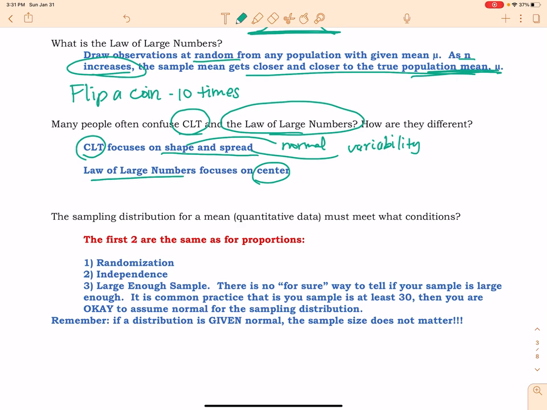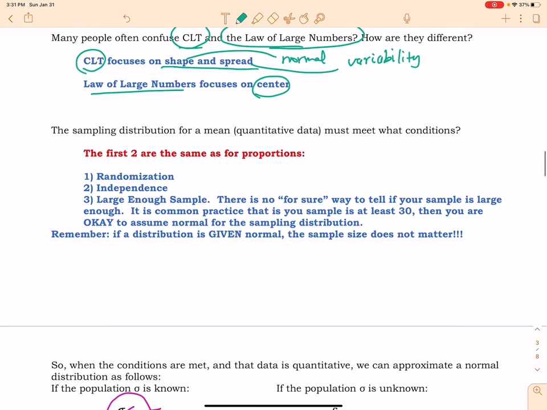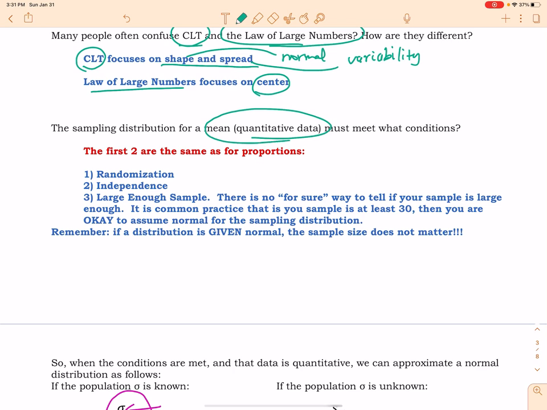Okay, so what we use the central limit theorem for in quantitative data is to tell me that my sample size is large enough, because CLT focuses on this idea that if my sample size is large enough, I'll take on a normal shape and my distribution will become less variable. So that last condition that we talk about in quantitative is a large enough sample.